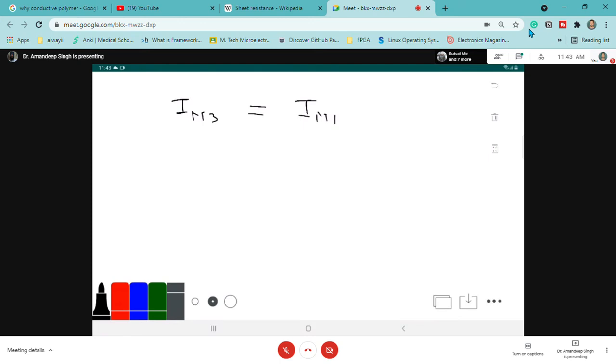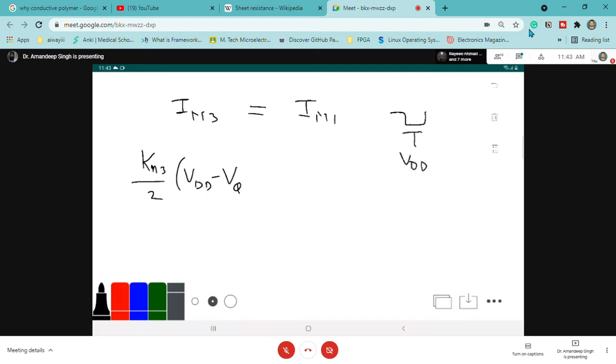So I can write Kn3 divided by 2 times VGS for M3, squared. For M3, VGS is basically VDD, because the gate of M3 is connected with VDD, minus the source. The source is connected with V1, or I am writing VQ, since in our case I have taken Q. For M3, the gate is connected with VDD.